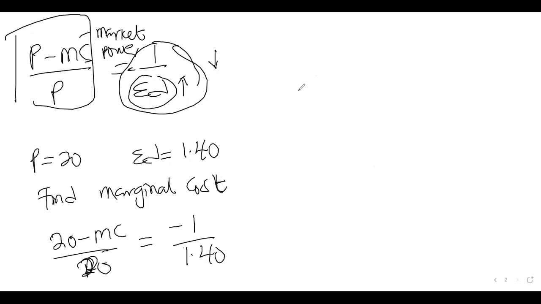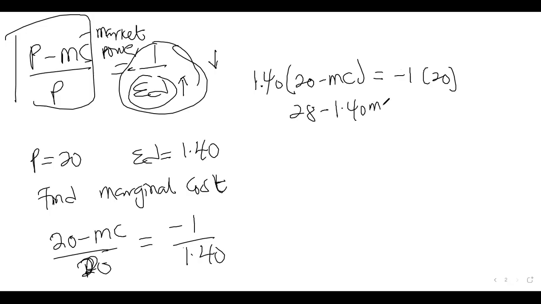So if you do cross multiplication, we will have 1.40 multiplied by 20 minus MC is equal to -1 multiplied by 20. So we are doing cross multiplication. All right. So 1.40 times 20, we get 28 minus 1.40 marginal cost is equal to -20. All right. So we group like terms.